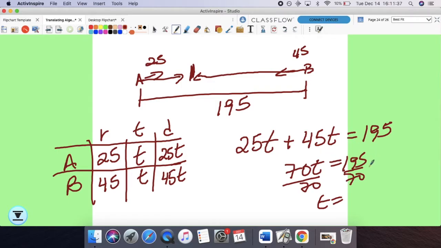If I divide this by 5, I get 39. If I divide the bottom by 5, I get 14. So time-wise, 14 goes into 39 two times, which is 28, and 11 over 14. So that's the time. Yikes.